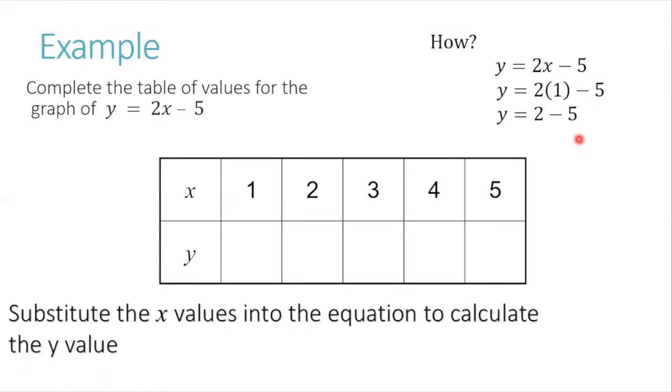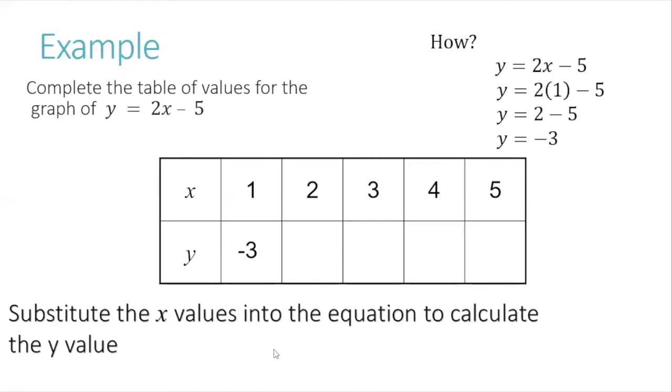So 2 times 1 is 2, take away 5, and y is then equal to -3. So whenever x is 1, my y is going to be equal to -3. And so you just do the same steps over and over for each different x value. So, let me give you a second to write this down. Any questions so far? You can ask in the question and answer.